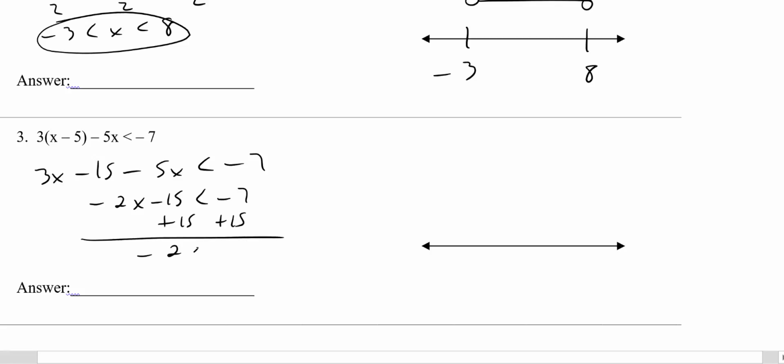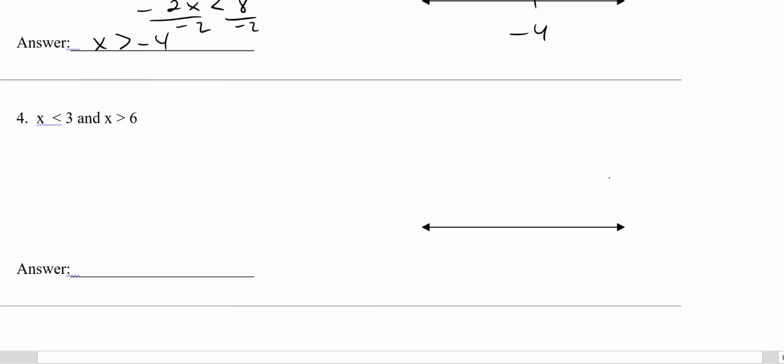So negative 2x is less than 8, divide by negative 2. The only thing I ask you guys to remember for this section here is when you divide by a negative or multiply by a negative, you flip the inequality. So x is greater than negative 4. So negative 4, it's greater than negative 4, so it goes that way. Okay?